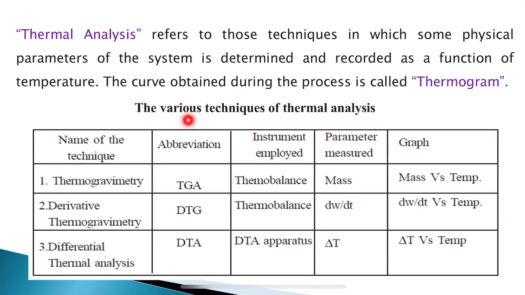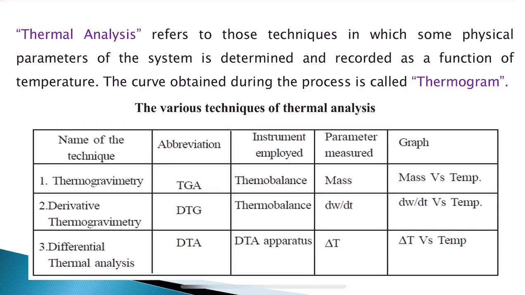Now, moving on to the various techniques of thermal analysis. It is clearly summarized in this table. So, as I told, the three main techniques of thermal analysis are thermogravimetry, derivative thermogravimetry, and differential thermal analysis. Okay.